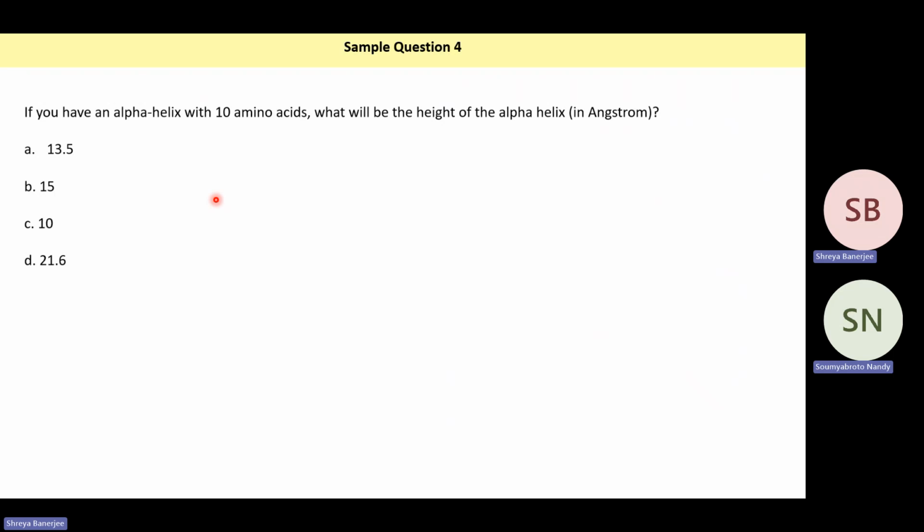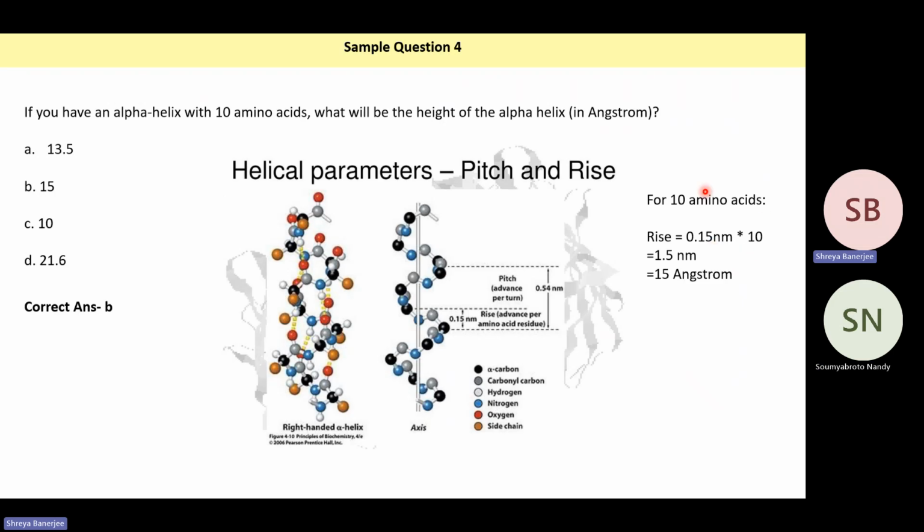Yeah. Then this is asking, if you have an alpha helix with 10 amino acids, what will be the height of the alpha helix? 13.5 or 15. I have doubts. So see, you have to remember that for an alpha helix, the rise per amino acid is 0.15 nanometer.